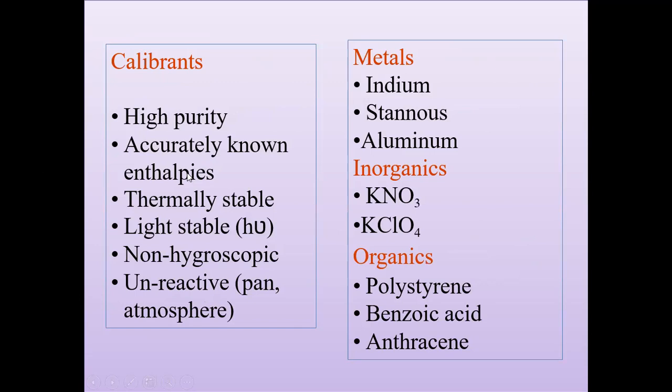You should know the enthalpy of your calibrant, and it should be thermally stable, because you are passing heat, so it should not be unstable. It should also be light stable, non-hygroscopic, and unreactive, that is inert in nature, especially with the atmosphere where you are working. Metals like indium, tin, aluminum, and inorganic and organic materials are used in this part.